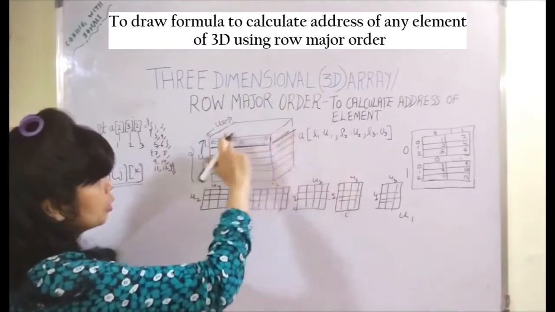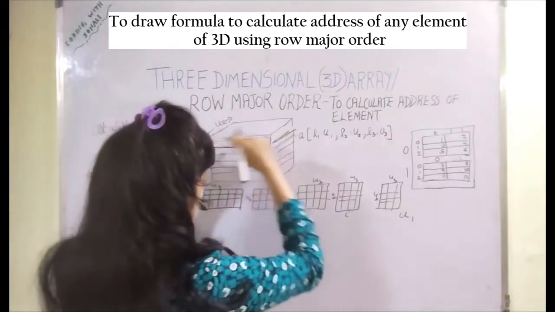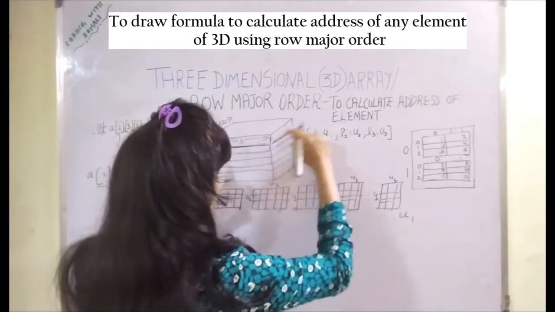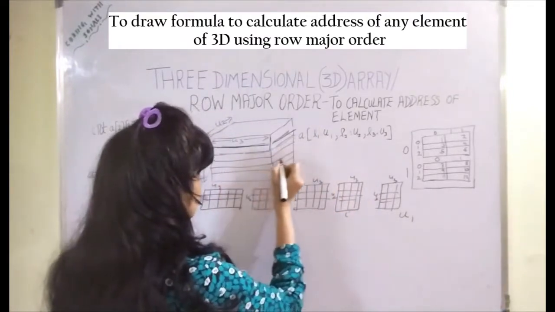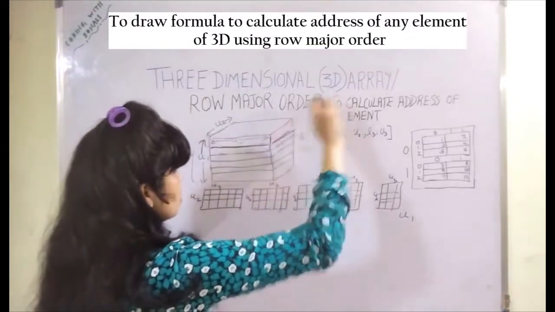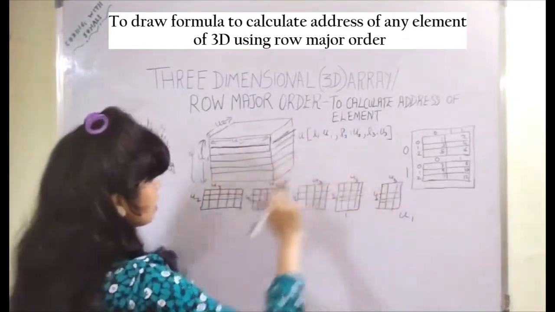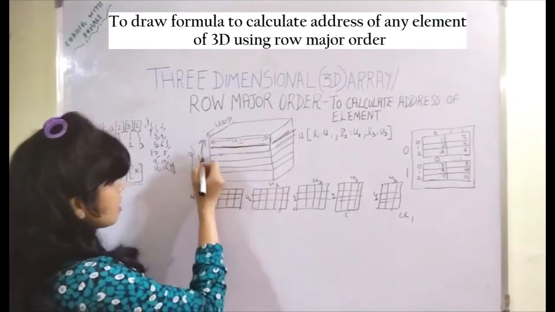So I have cut this total cuboid horizontally, that is row order wise, in this format. Here I got 1 slice, then the second slice, the third slice, the fourth slice. How many slices I can create depends on the size, that is U1.